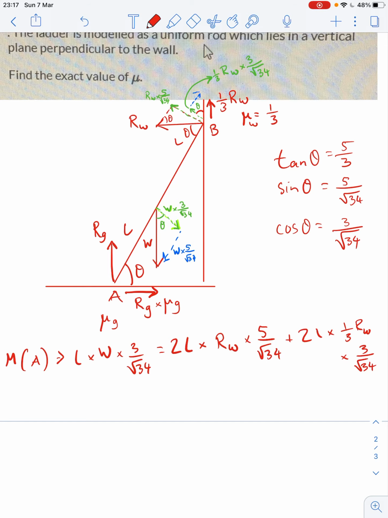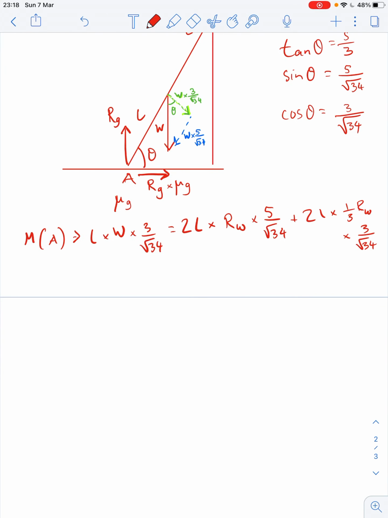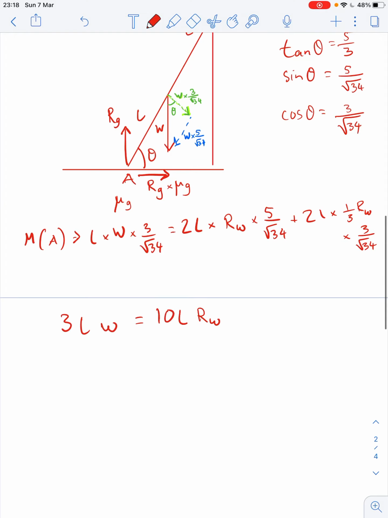Okay, so if I simplify this all together, actually I could multiply everything through by root 34 as well, so we've just got LW, so 3LW equals 2LRW times 5, so actually let's make that 10LRW plus, we've got a third times 3 here, so this is just going to be 2LRW.